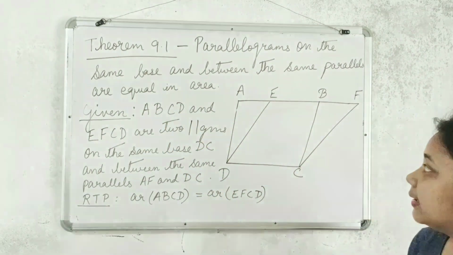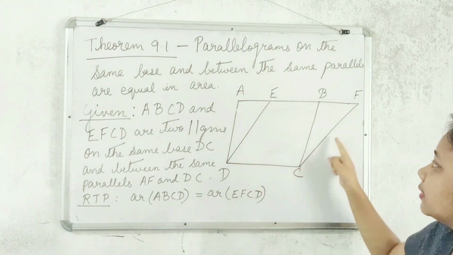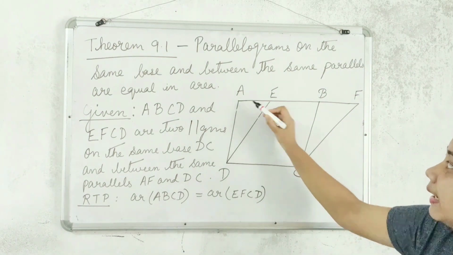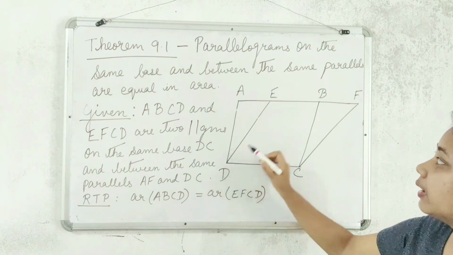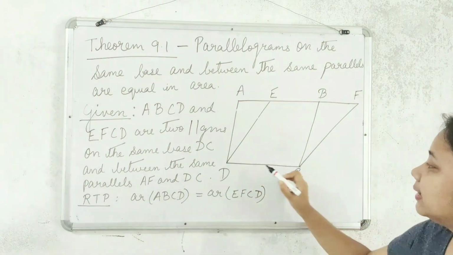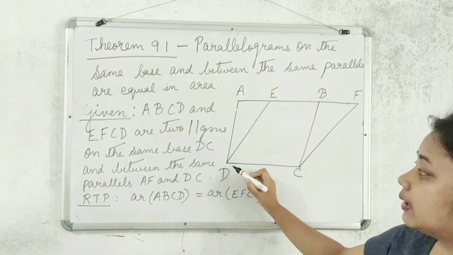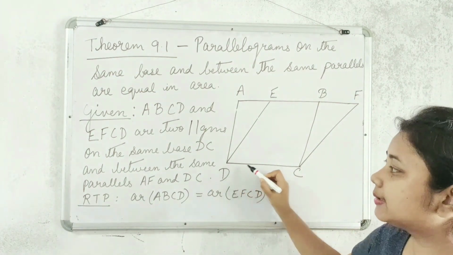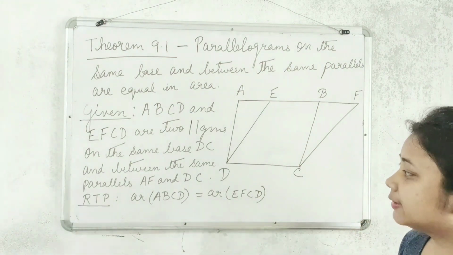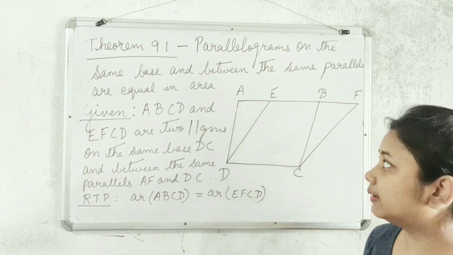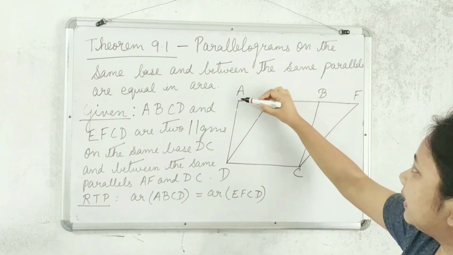Here you can see that you have two parallelograms, parallelogram ABCD and parallelogram EFCD, which lie on the same base DC, and both lie between the same parallels, AF and BC.